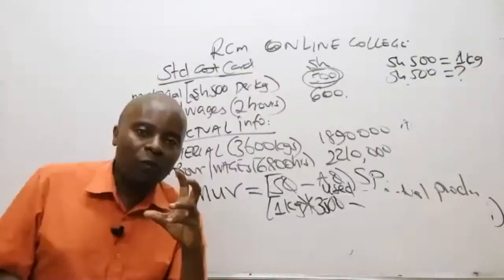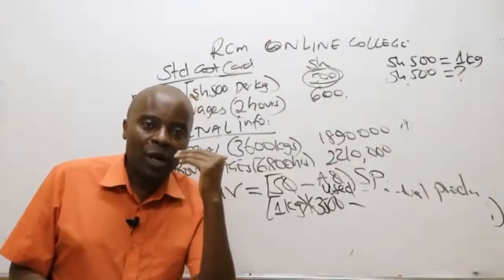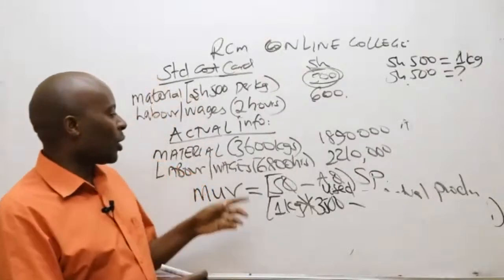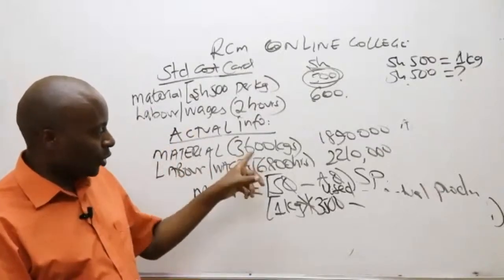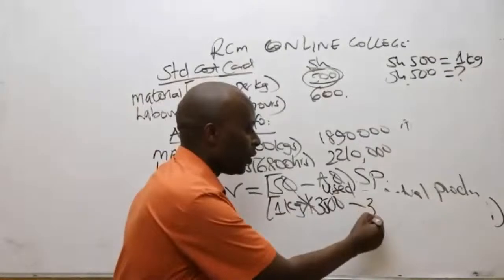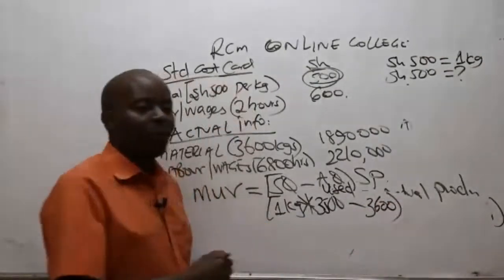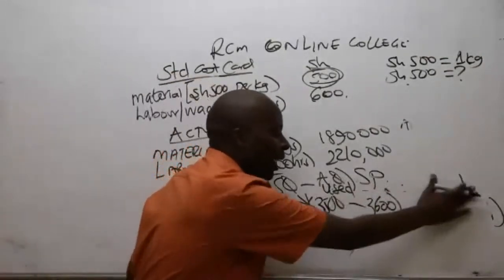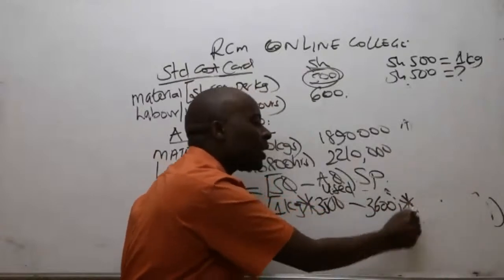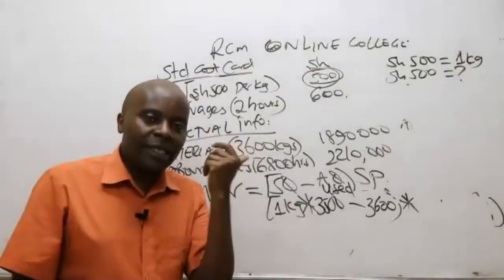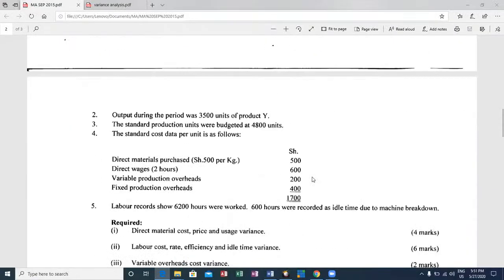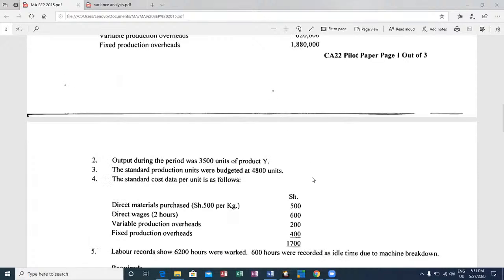Once they talk of actual quantity, the word actual tells me to look at the actual information, where I see that the actual materials we used were 3,600. Multiplied by the standard price per kilogram. So again, throw your eyes to the standard. In the standard, you should see the price of 1 kilogram. The price of a kilogram is 500.